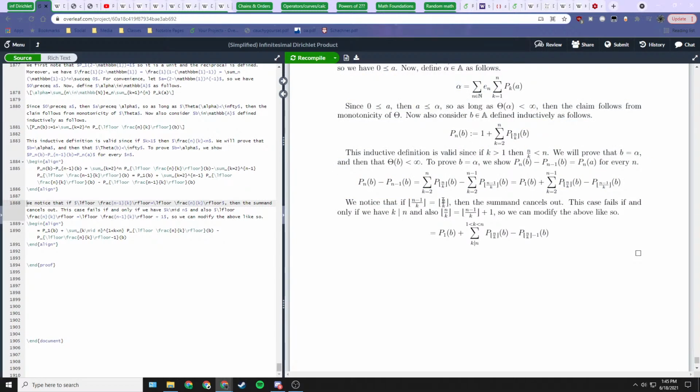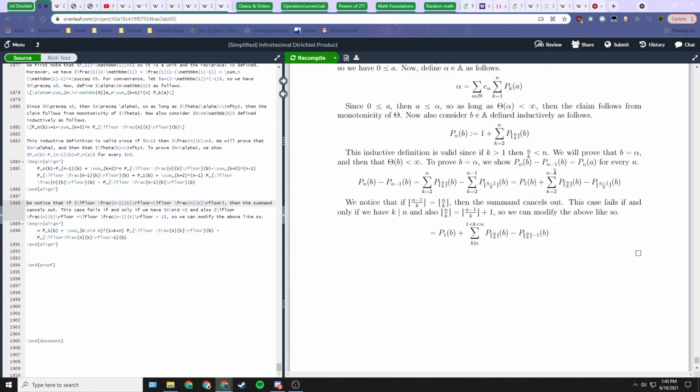Because if we go 1 down from a multiple of k, then we will lose a k that we can fit in. But if we're at something that isn't a multiple of k and we go 1 down, then we won't lose any k's that we can fit in. We can prove this formally, but we'll leave this here for now. Anyway, so this works out like this.